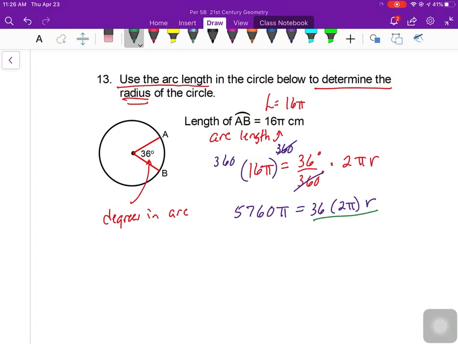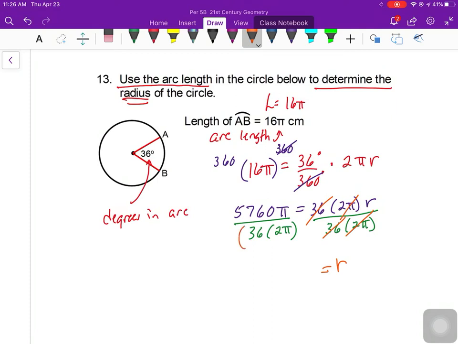And now we'll divide by everything except the r. 36 times 2 pi. On the right side, the only thing left is the r.